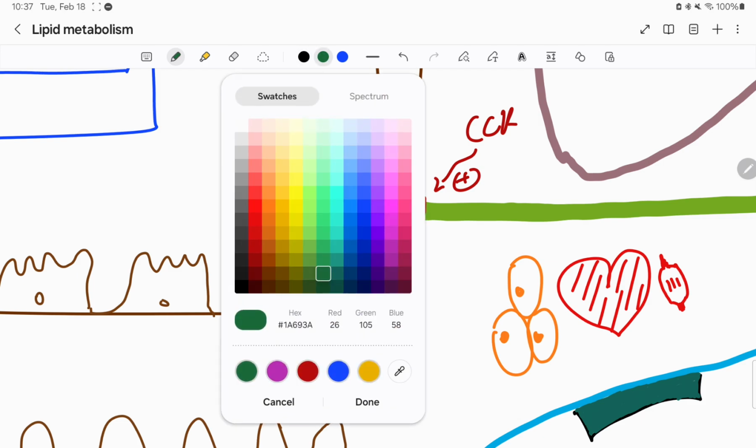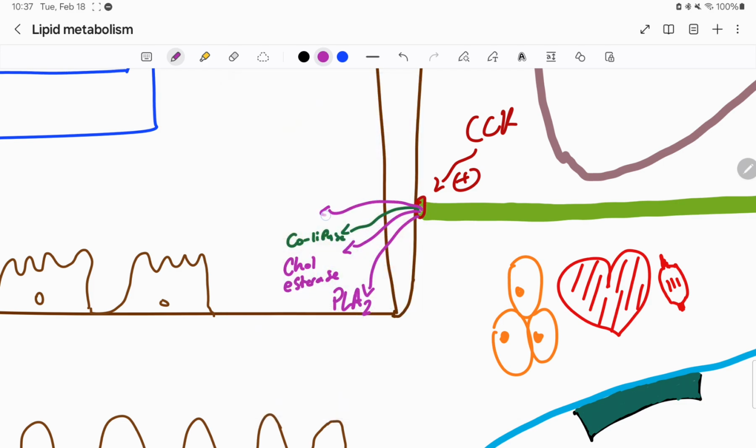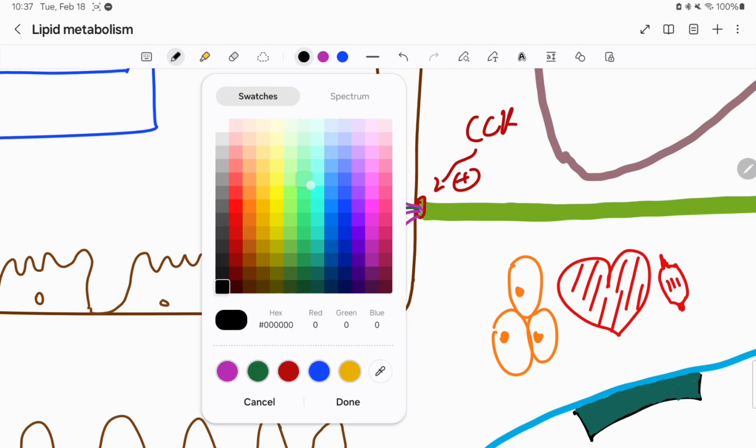These are all coming from the pancreas. Another enzyme coming in, and this is crucial in lipid digestion, is pancreatic lipase.